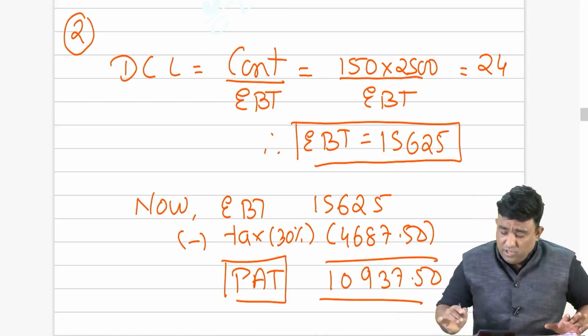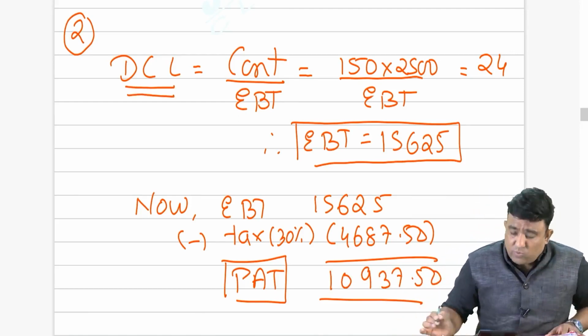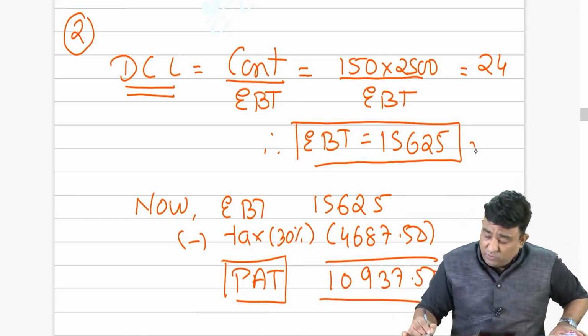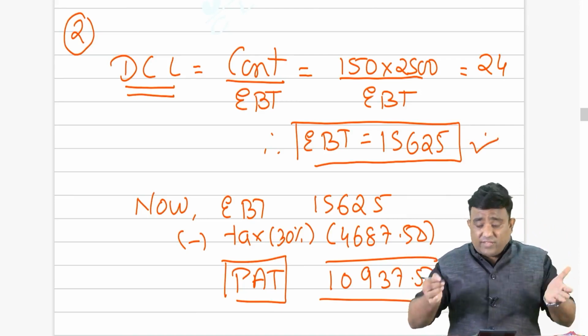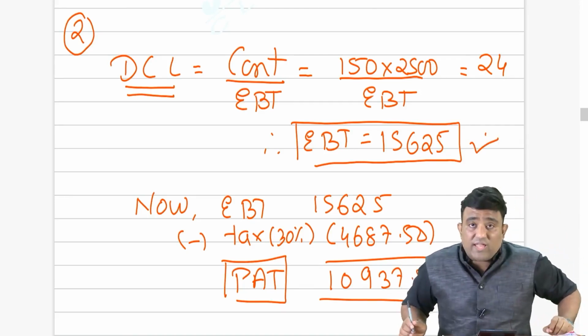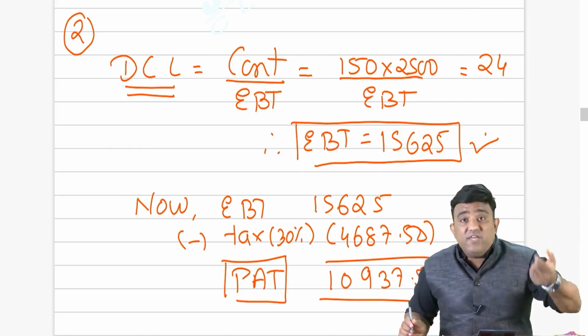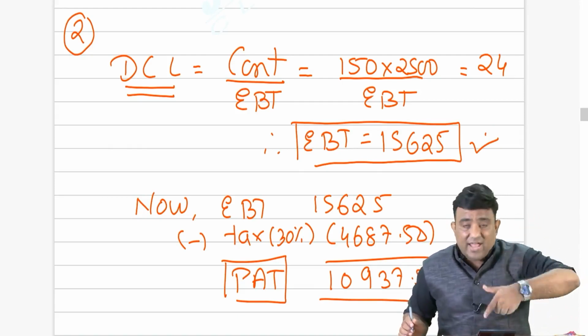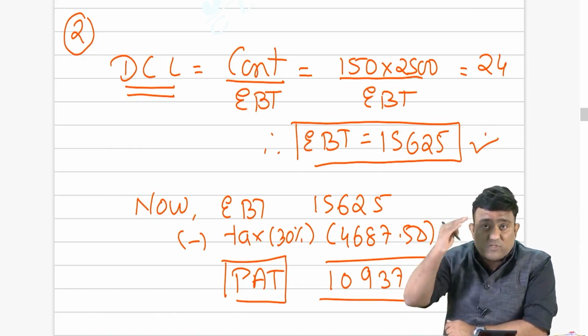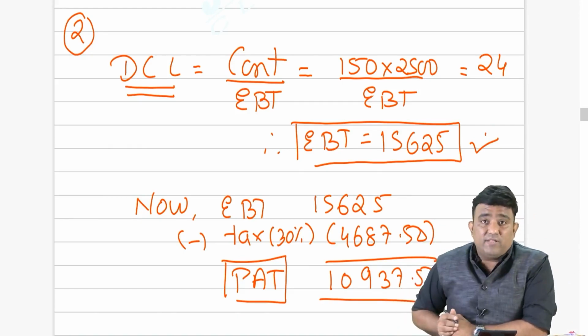Very simple. Student, the moment we calculate DCL, applying the concept of DCL, we calculated EBT minus tax gives you PAT. 5 marks. Student, even you can do this example by calculating DOL, DFL, then DCL and then calculate the answer. But no need. When the concept is strong, you can get me the smart answers. Clear everyone? Okay, good to go ahead.